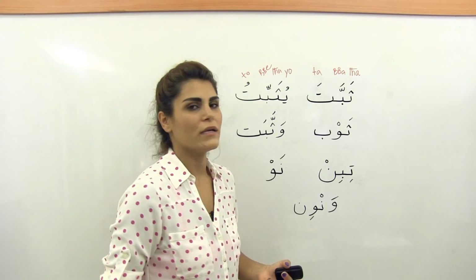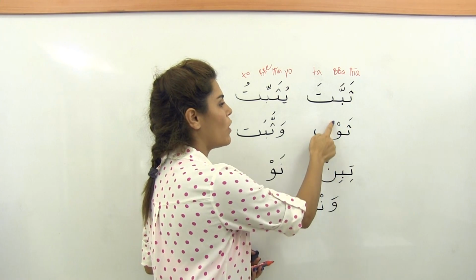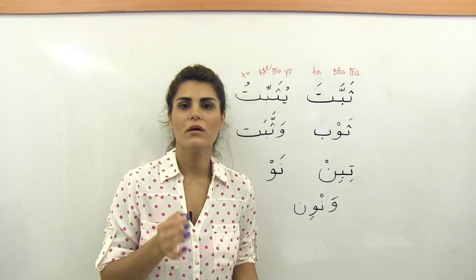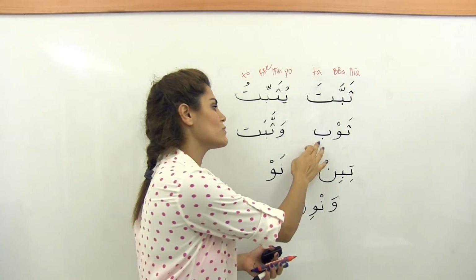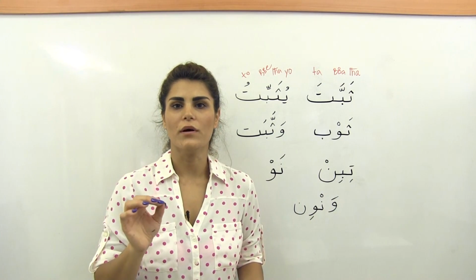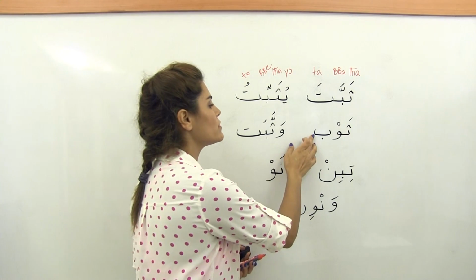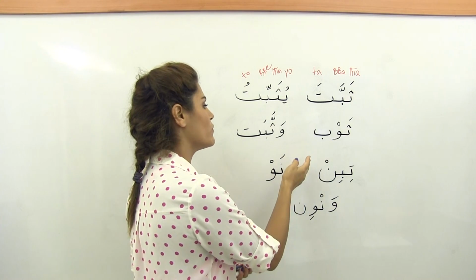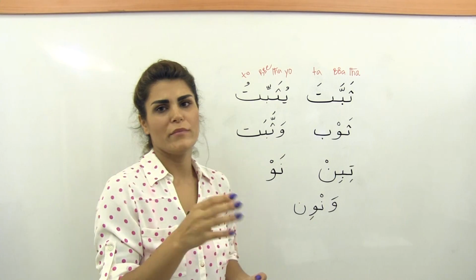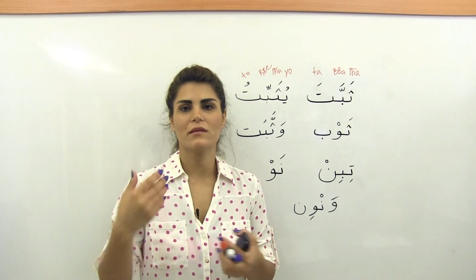The third one is tha with fatha, tha, and waw with sukoon, which is no sound, thaw, and then the last one is b, thawb, okay? When you don't see a vowel or diacritical mark at the end of words, it is mainly sukoon.